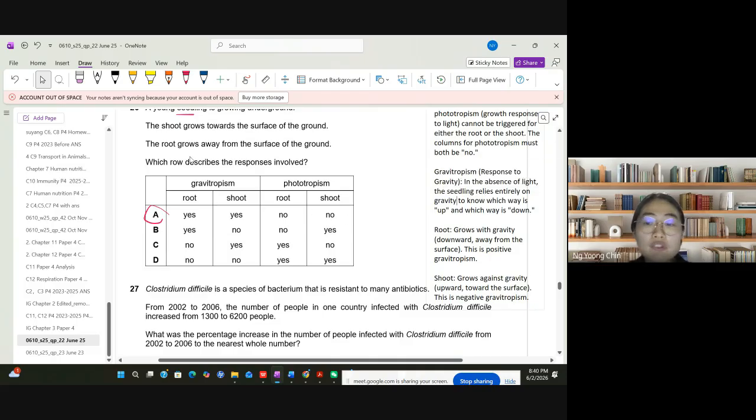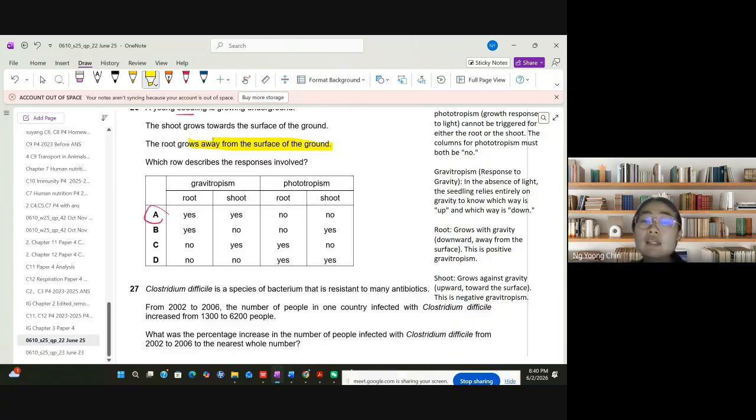So for the root part, they grow with gravity, downwards, away from the surface. So what is this showing? This is showing positive gravitropism, because the roots grow in the same direction as gravity, which is downwards, away from the surface.